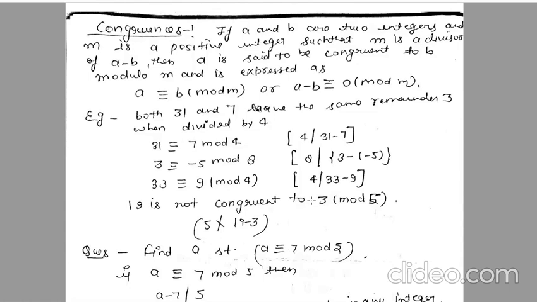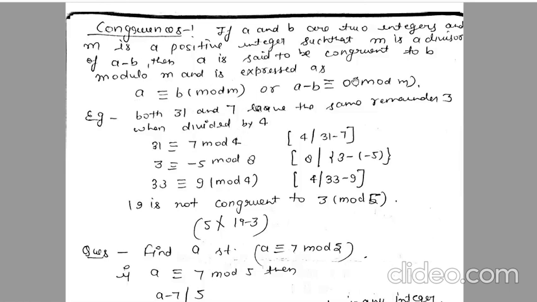Then a is said to be congruent to b modulo m, and is expressed as a is congruent to b modulo m, or a minus b is congruent to 0 modulo m. This is the method to write the congruence.